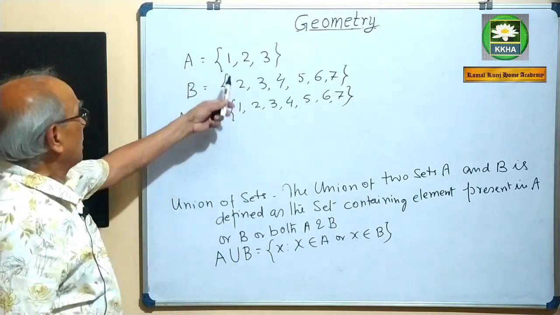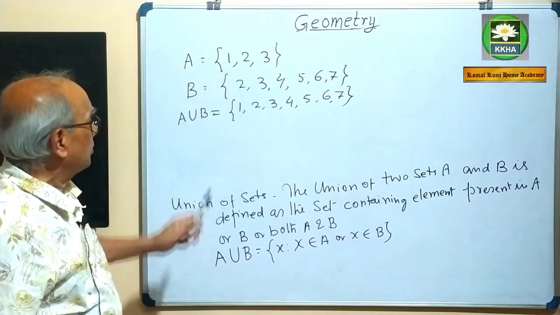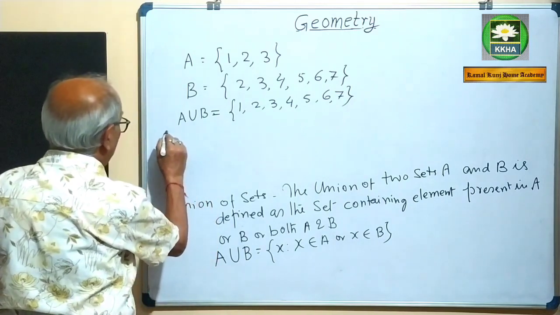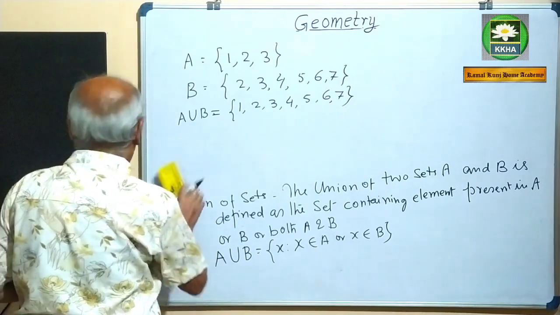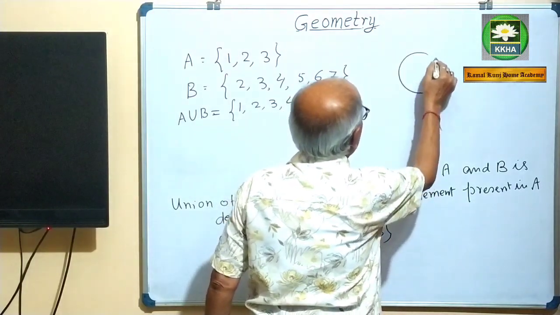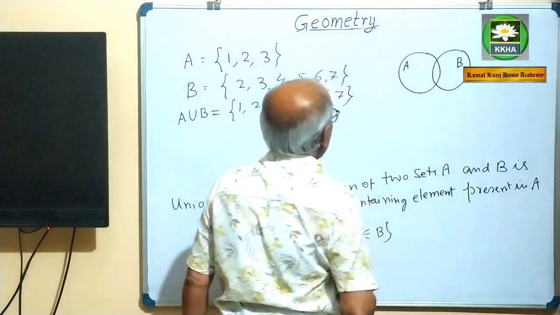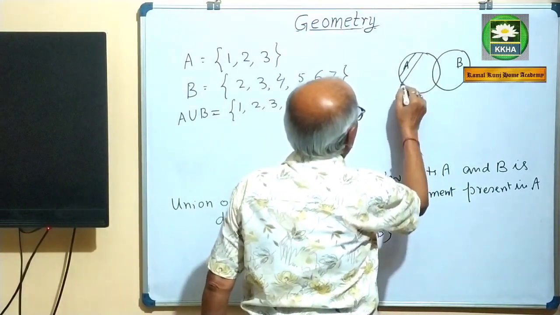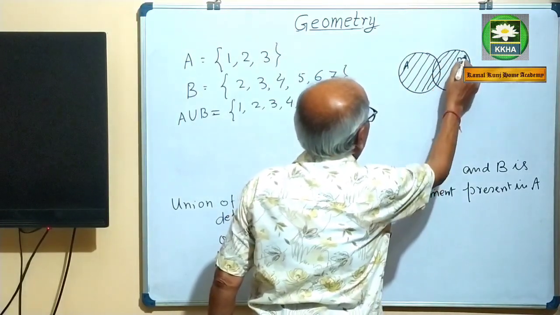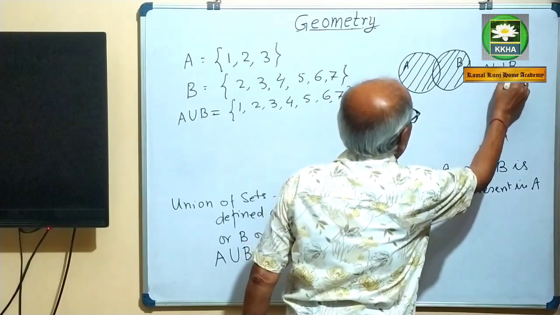This set contains elements present in A or elements present in B or both A and B. So this is A union B. Now diagrammatically this is represented as, suppose this is the set A and this is set B. Then this will be A union B.